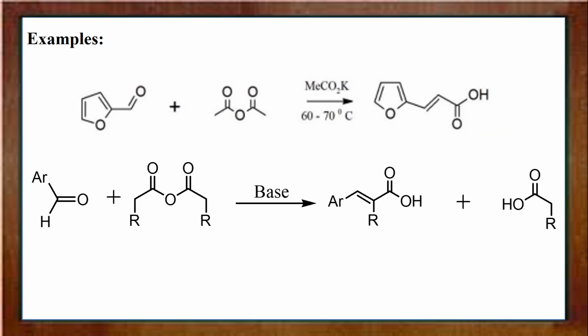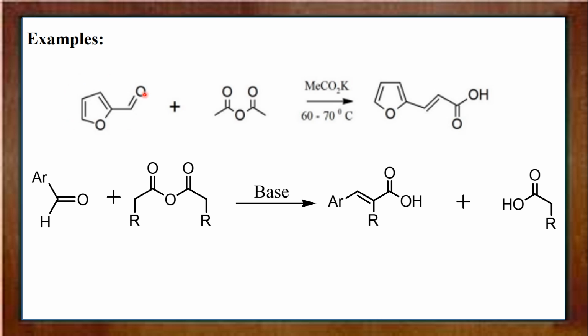Here are a few examples for Perkin's reaction. Here I have taken an aromatic aldehyde and I am treating it with an acid anhydride. This is acetic anhydride, and it is treated with potassium acetate, the base.